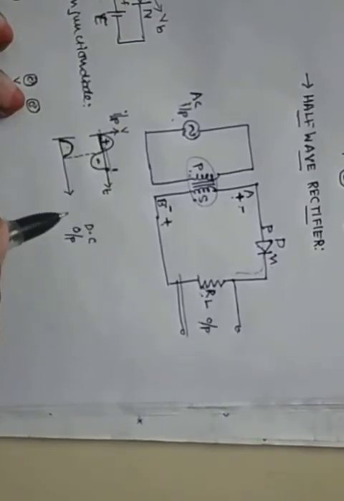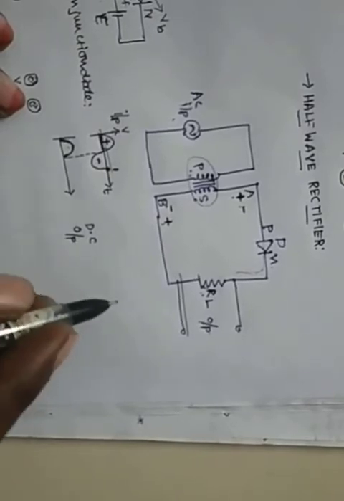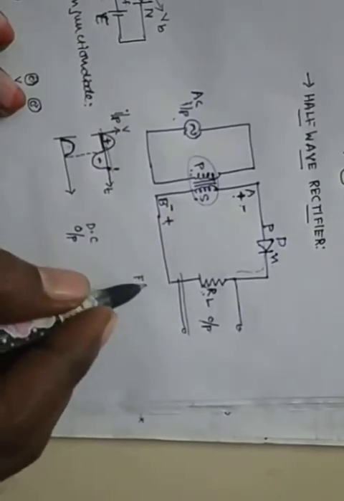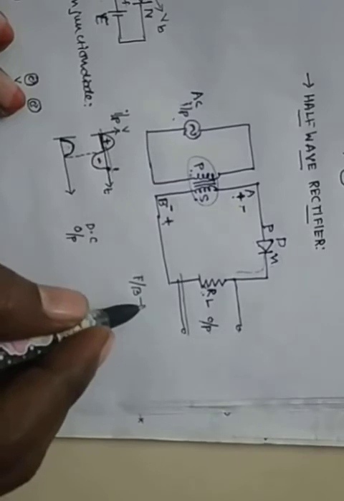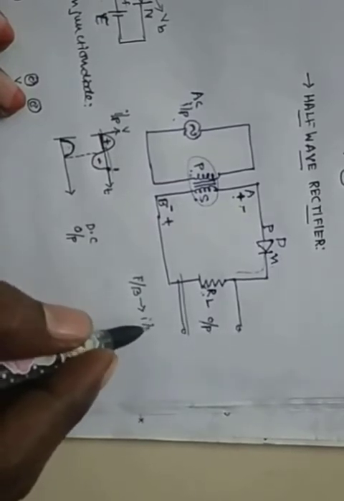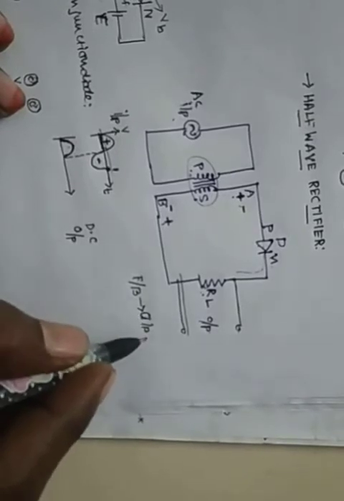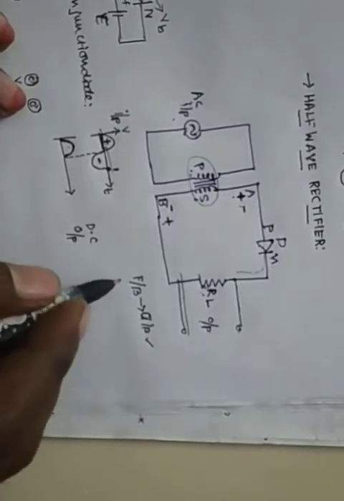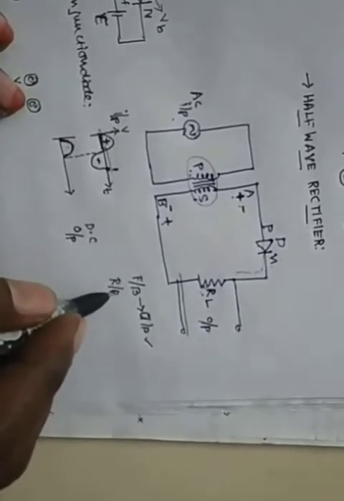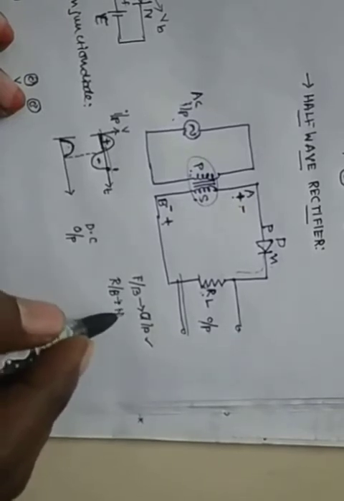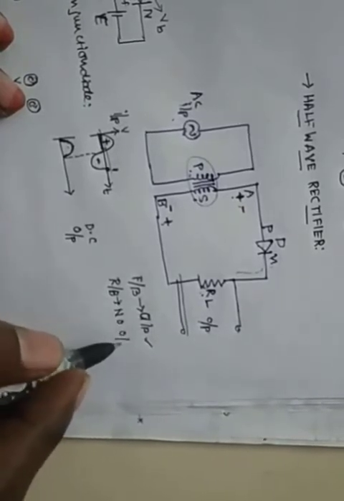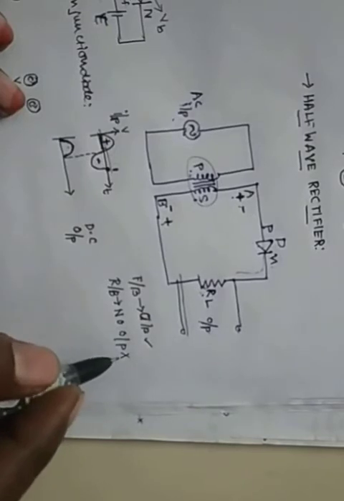When it is in reverse bias, as I told you, output current exists only in forward bias. In reverse bias, no current comes.